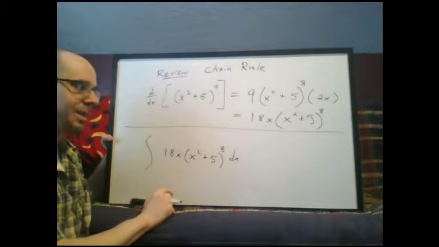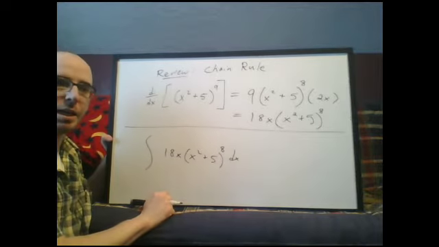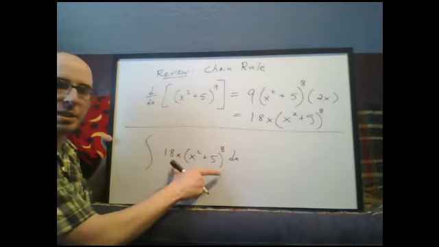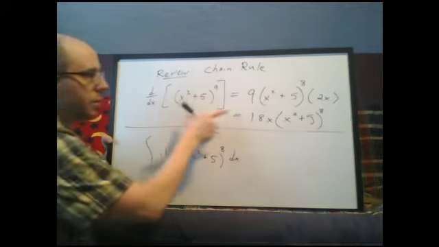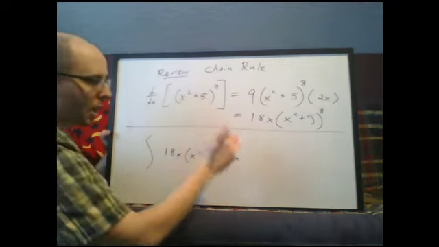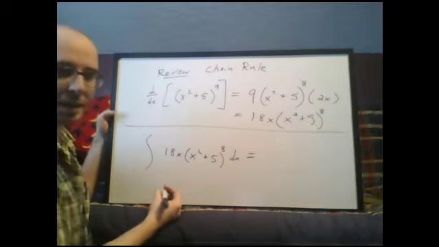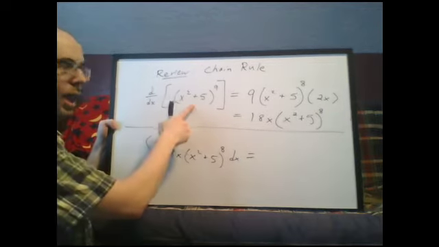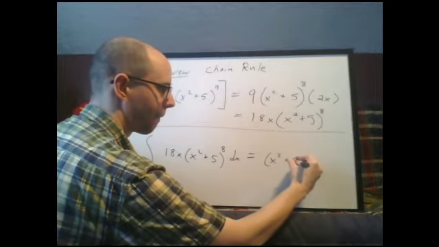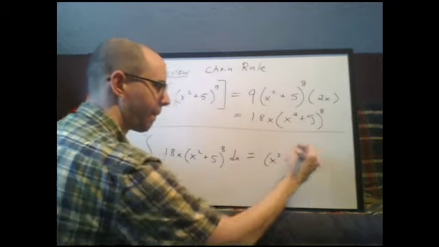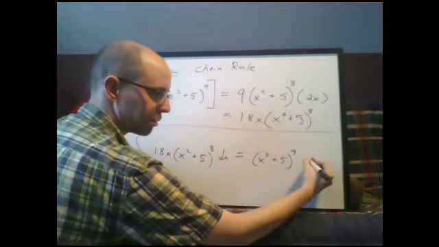Well, the antiderivative of a function is a function for which this is the derivative. Well, we just saw this is the derivative of x squared plus 5 to the 9th. So the antiderivative of this would be x squared plus 5 to the 9th power. But since it's the general antiderivative, I have to put the plus c after that.